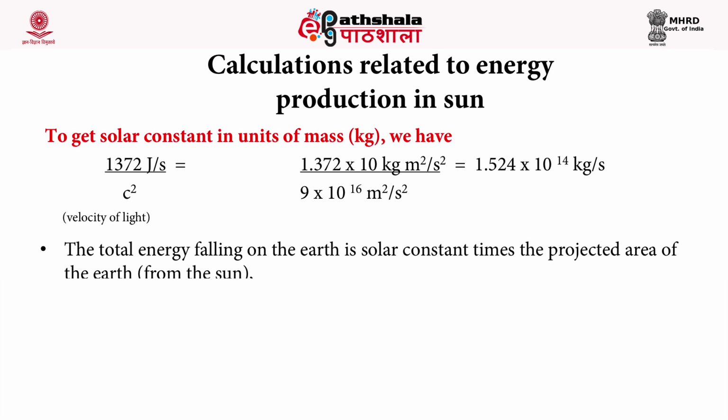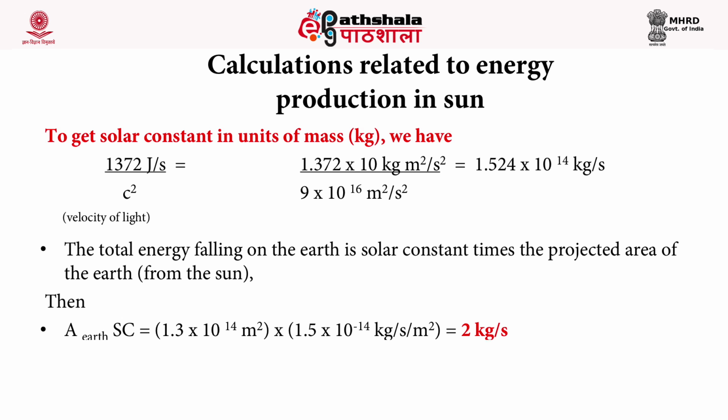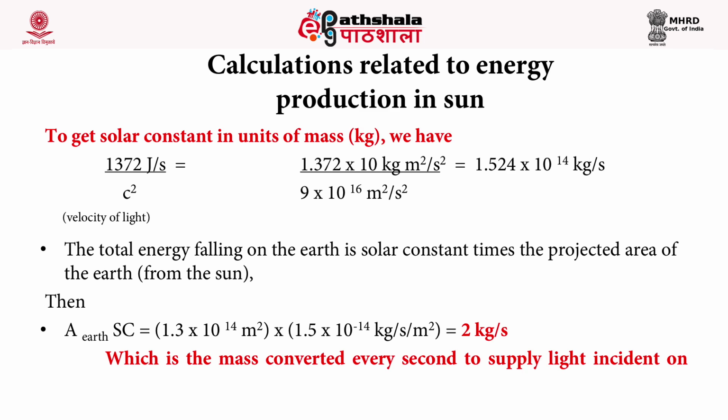The total energy falling on the earth is the solar constant times the projected area of the earth from the sun, that is the area of the earth multiplied by the solar constant. Applying those values, we get 2 kilogram per second. That value, 2 kilogram per second, is the mass converted every second to supply light incident on earth.